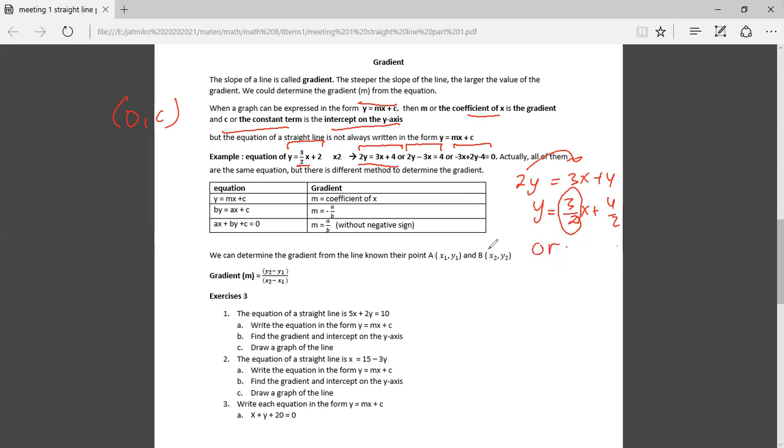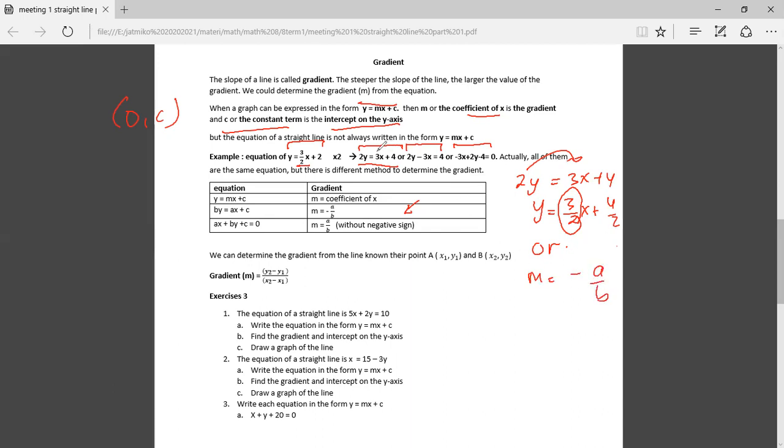Or you can use the one on this. If we have the formula like this, by equal ax plus c, so a is the coefficient of x and b is the coefficient of y. So I can write m is negative a per b.